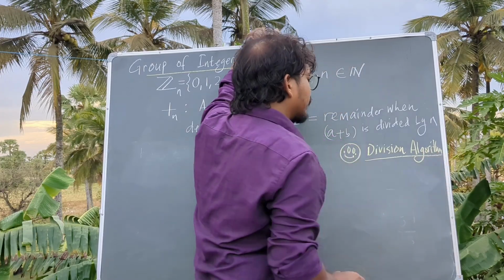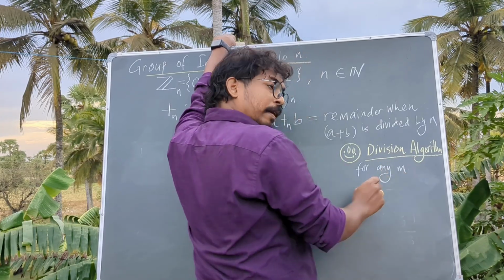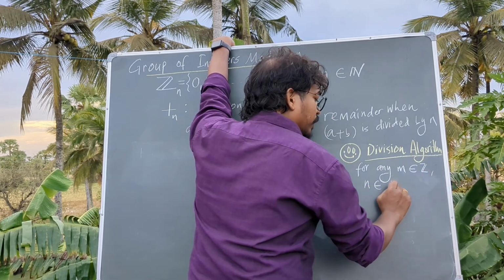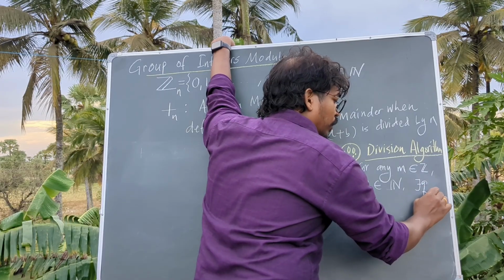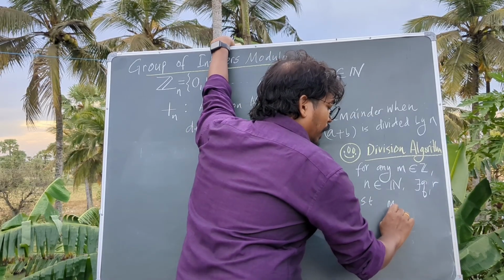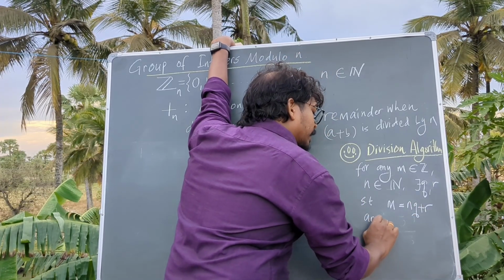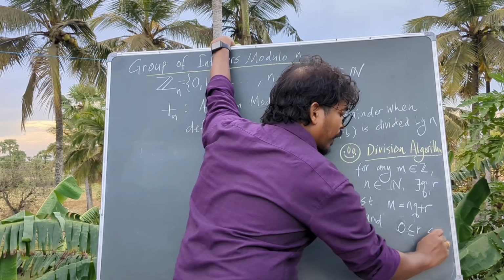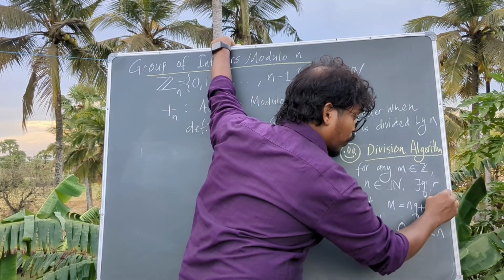And this algorithm states, for any integer m and for any natural number n, there exists a quotient q and remainder r, such that m equals nq plus r, and this r lies between 0 and n, and q and r are integers.